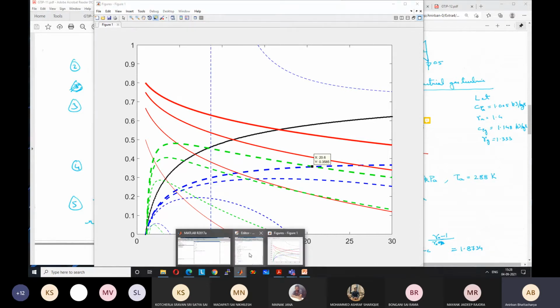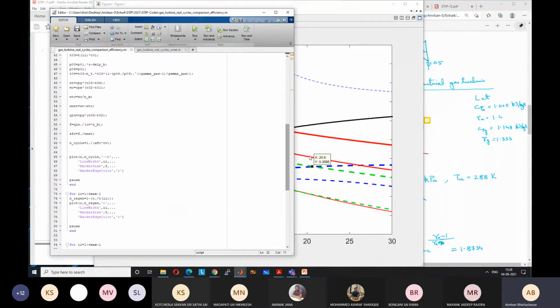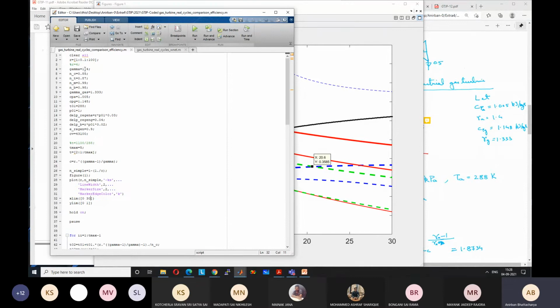Gamma and these we have already discussed, but compressor efficiency I have taken as 85%, slightly different from the problem that we have solved. If you use those values, you will get a slightly different value. Turbine efficiency I have taken 87%, mechanical efficiency 99%, combustion efficiency 98%.